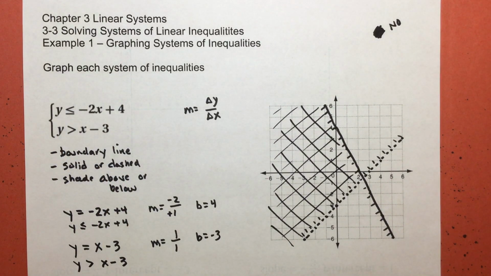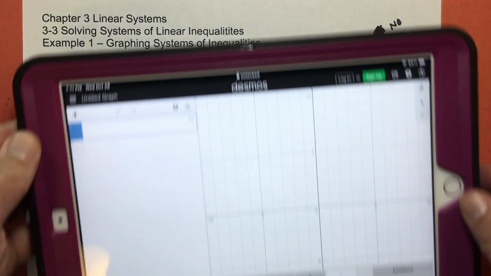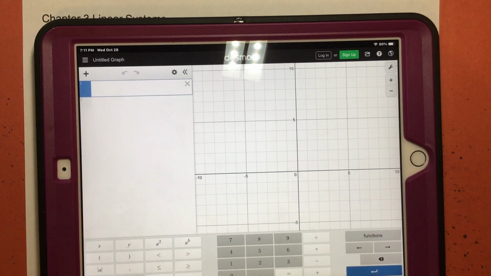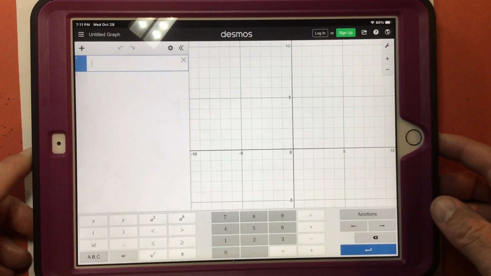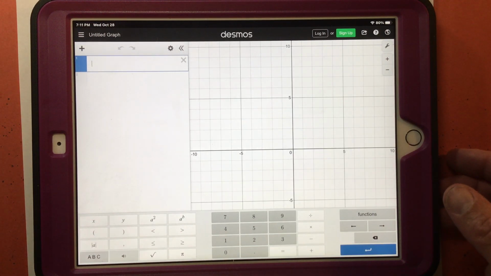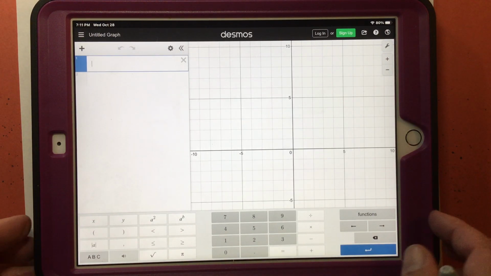All right, now I'm going to switch here for a second, and I'm going to pull up Desmos on the iPad. I'll move this so you don't get a reflection off the glass. Okay. So here's what I did.